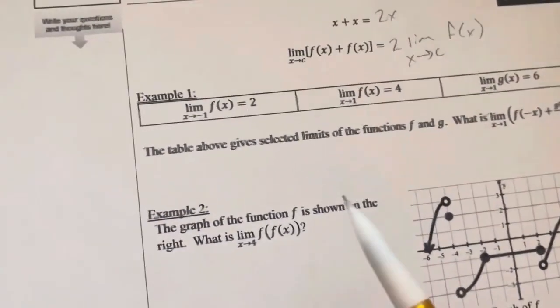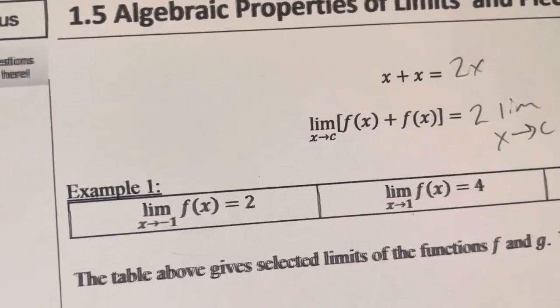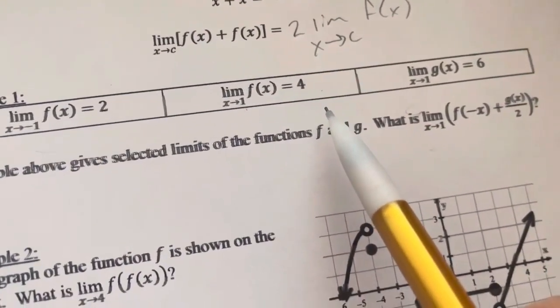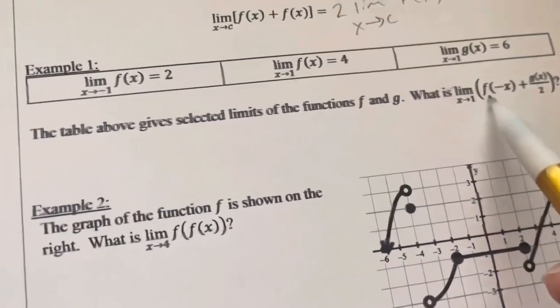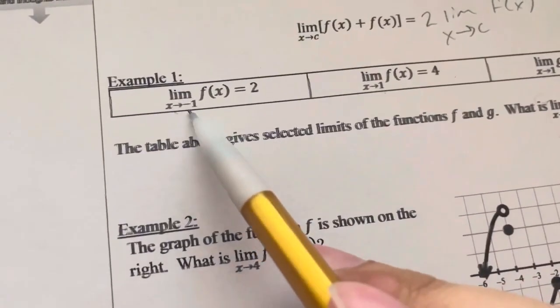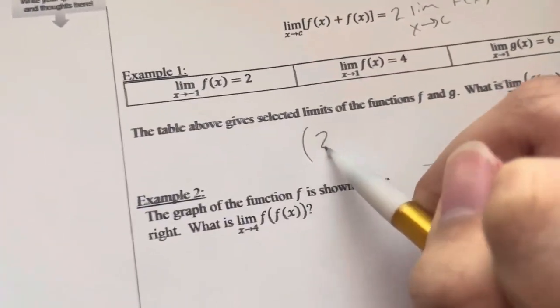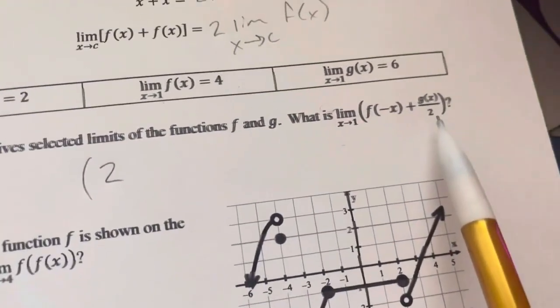So we know as x approaches 1, f of x equals 4. But when it's f of negative x, you can change it to be as x approaches -1. So f of x is equal to 2, and then plus g of x over 2.